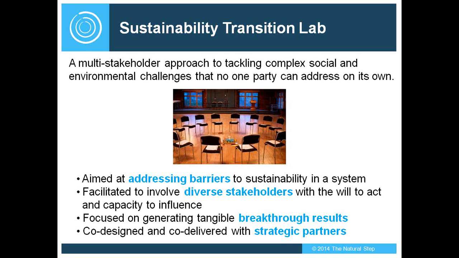So we're looking at the root barriers in the system, trying to involve and facilitate these diverse stakeholders, finding shared value to address these barriers in order to get to those tangible breakthrough results to shift that system towards sustainability. And we're trying to co-design and co-deliver that with strategic partners of whatever system it is that we're looking at, because this is about systems change.